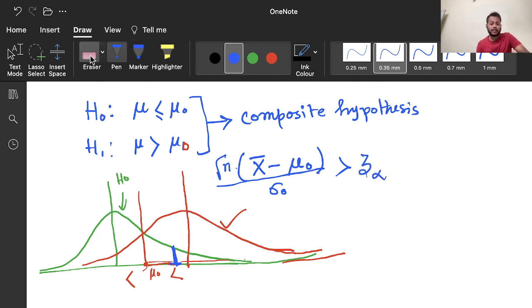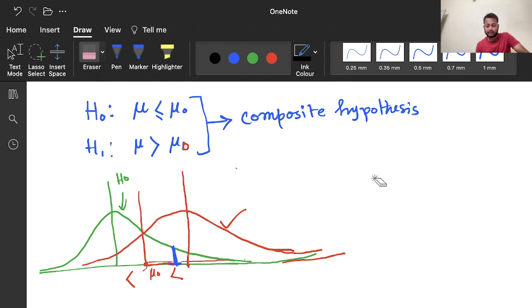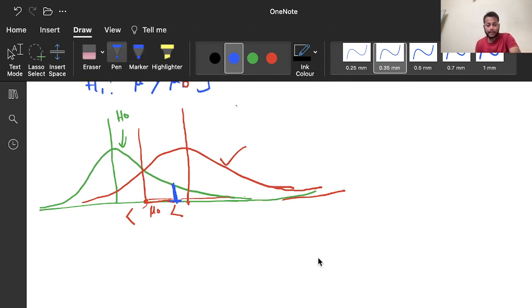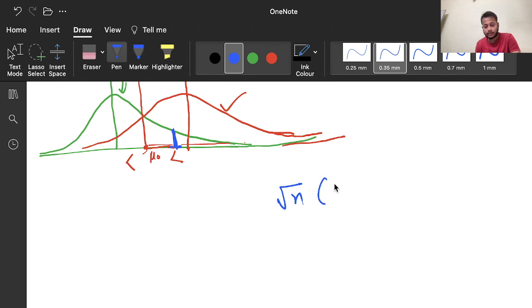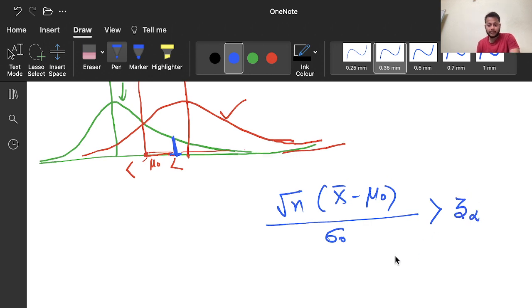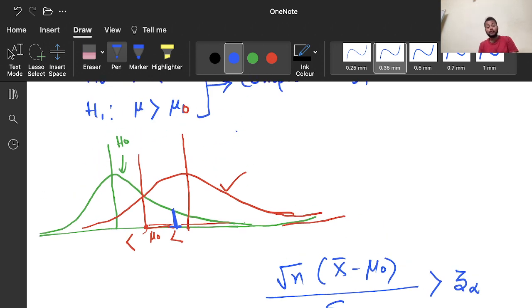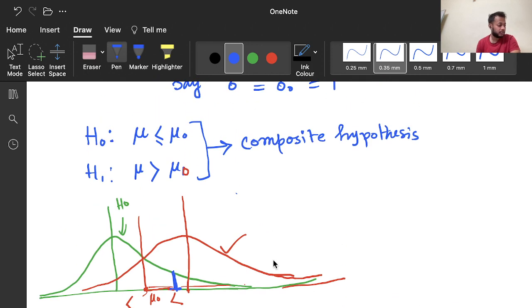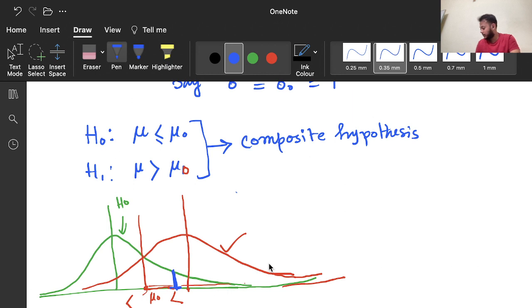If root n (x bar minus mu naught) by sigma 0 is greater than the z alpha point, then we will reject the hypothesis with significance level alpha. So that is the test, and this is also true.